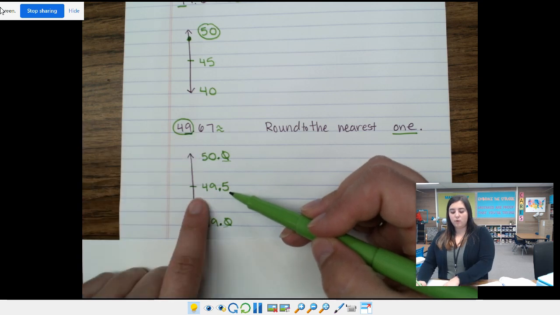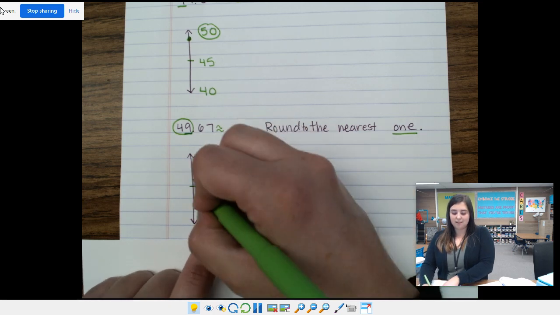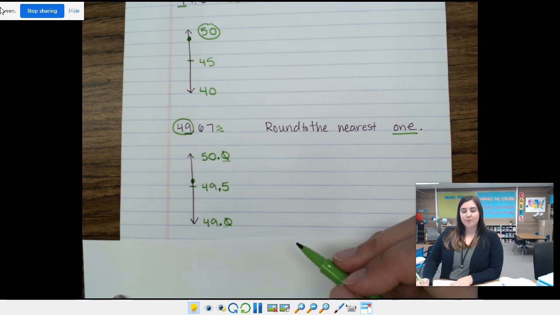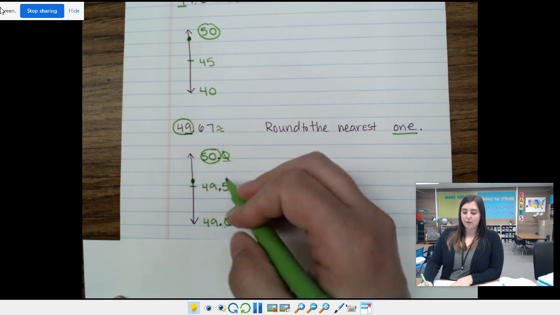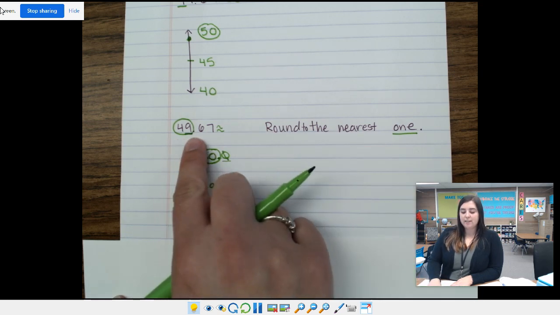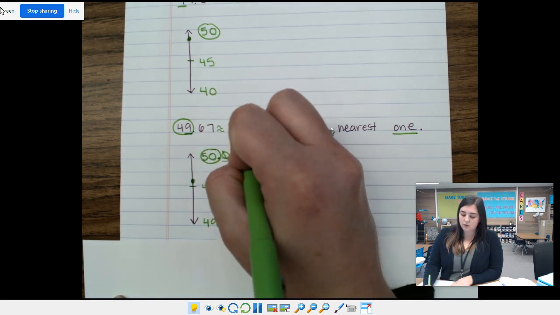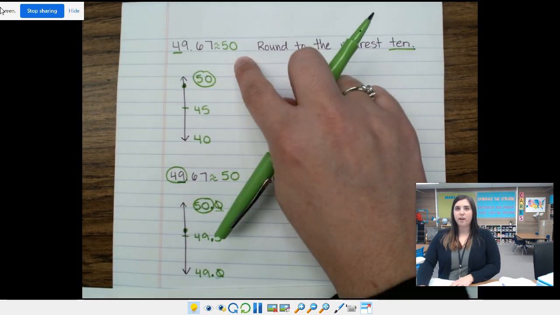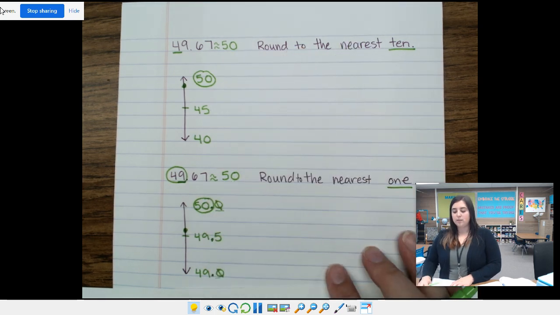Is that more than 49 and 5 tenths? It is. So are we rounding up or are we rounding down? We are rounding up. It is above the midpoint, so we're rounding up. So 49 and 67 hundredths is about 50. Oh, interesting. It's the same as it was before, because this is in the tenths. This also happens to be rounded to my nearest ones, or 1.